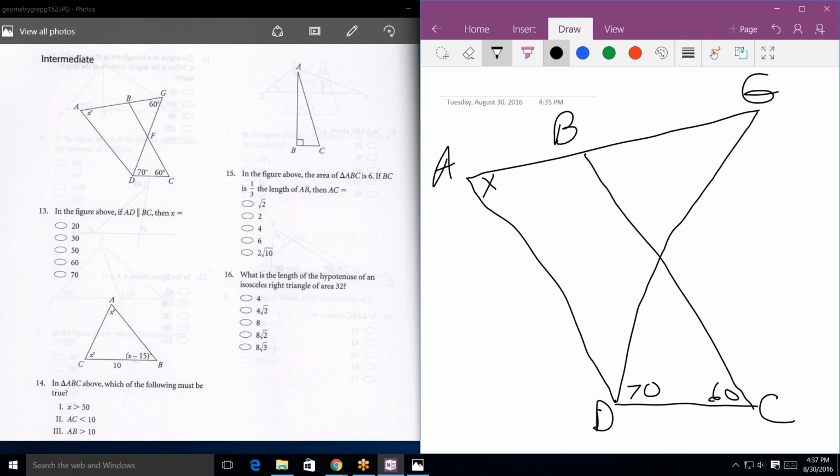So 70 plus 60 equals 130. That must mean angle DFC would equal 50 degrees. And using the vertical angle property, that would mean BFG would also be 50, meaning angle FBG would be 70 degrees. So those triangles are congruent.